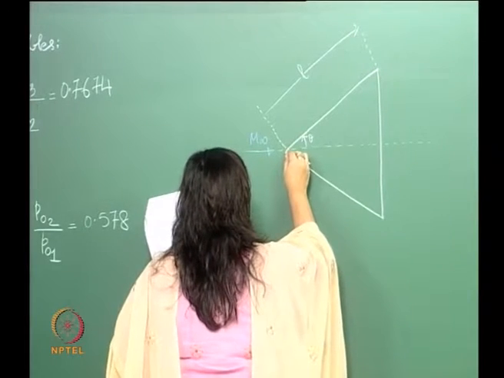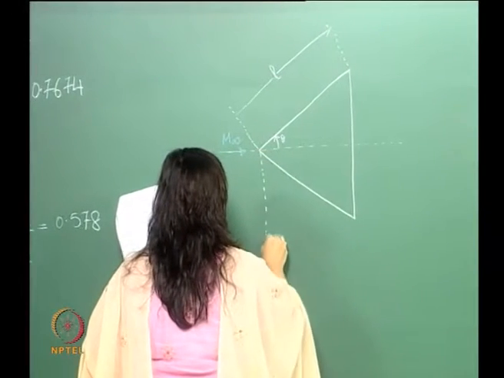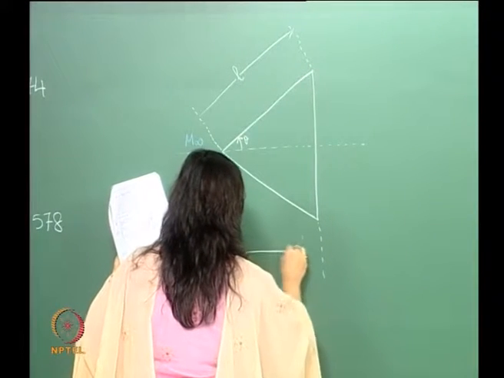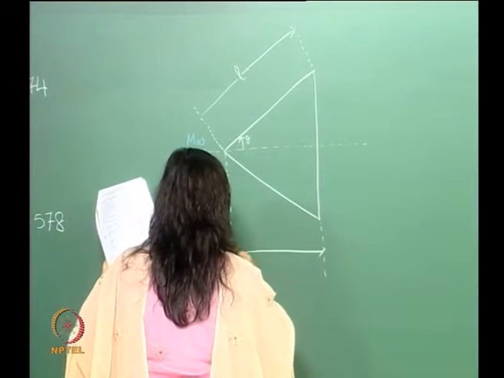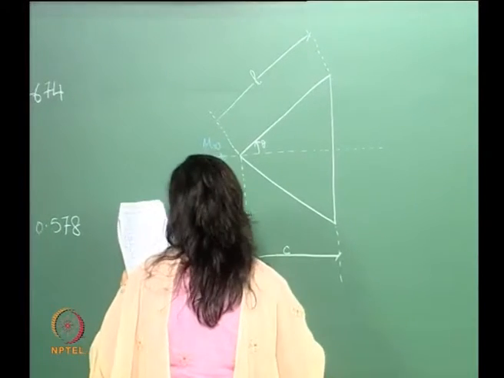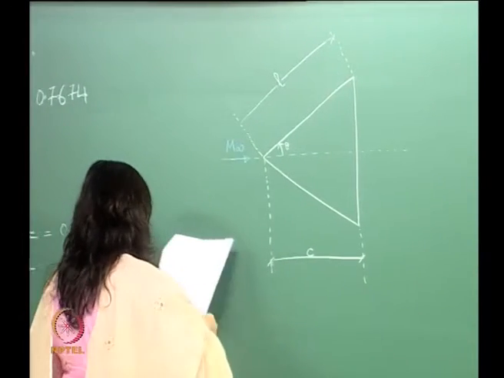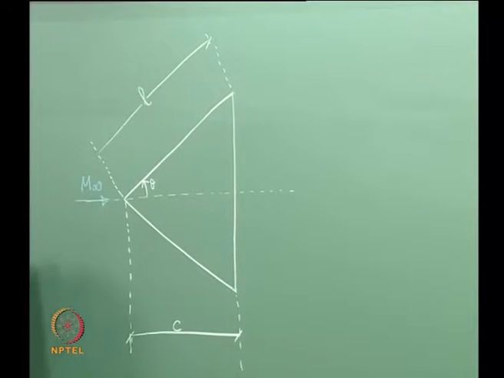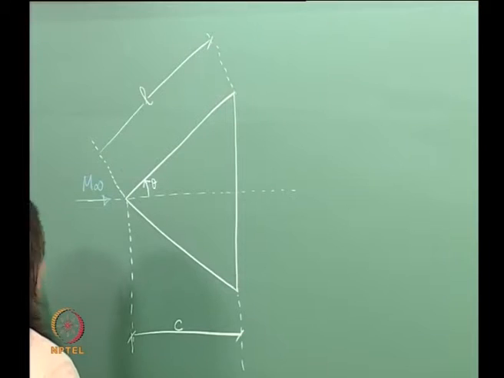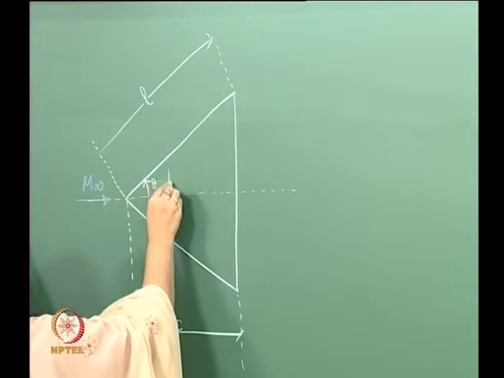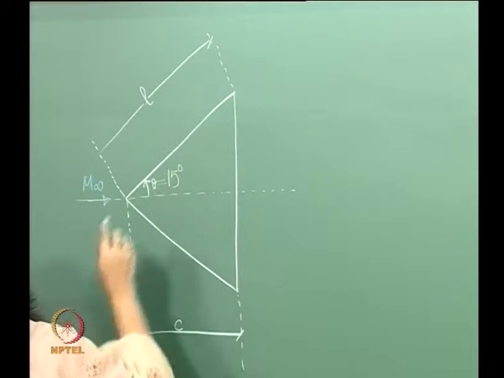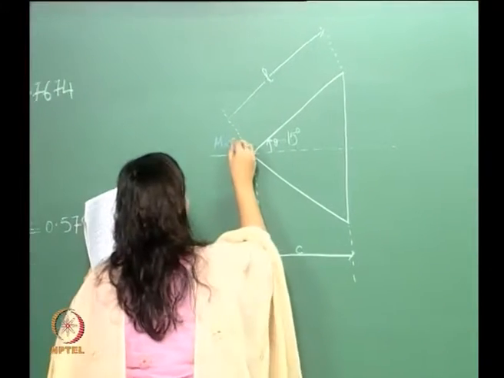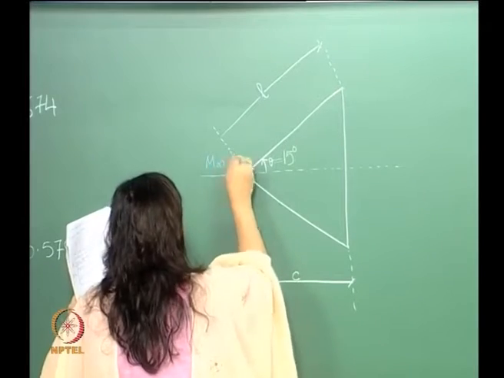This distance is c. Now this theta is given as 15 degrees and the Mach is given as 5.